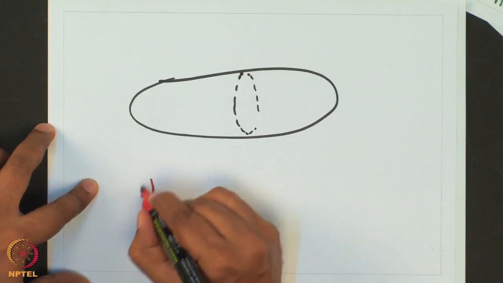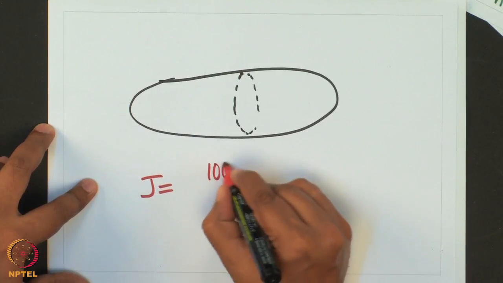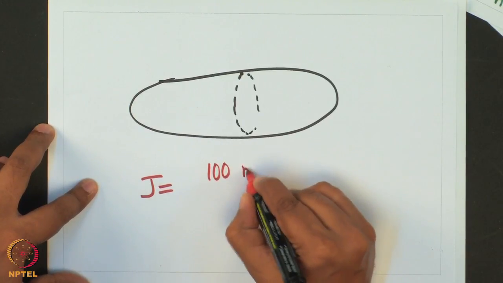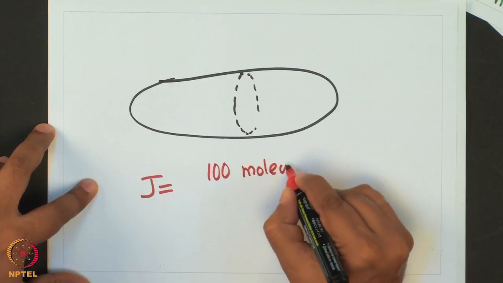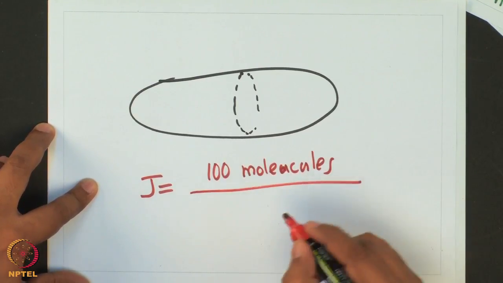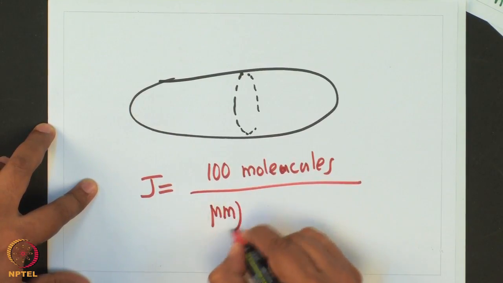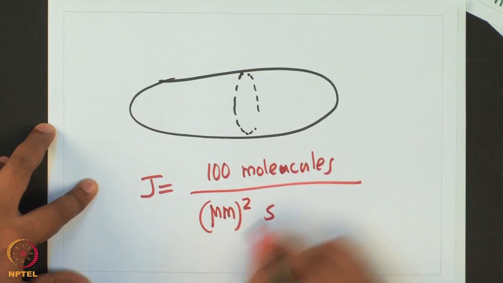So the J would be, let us say, 100 molecules per micrometer square per second.